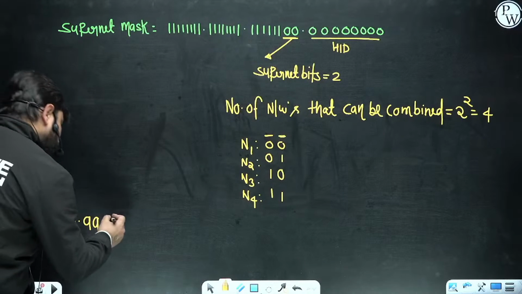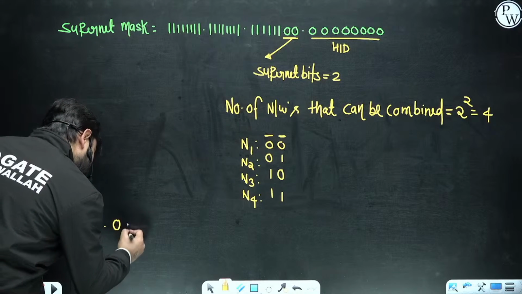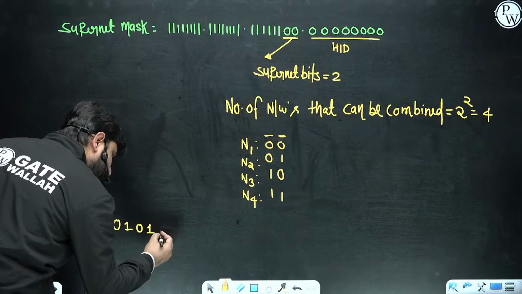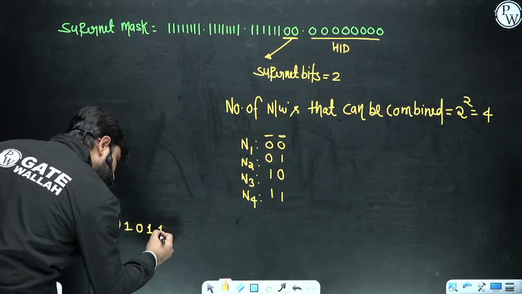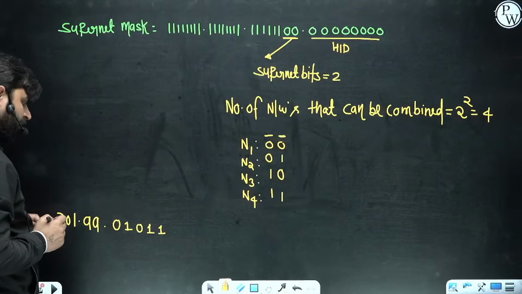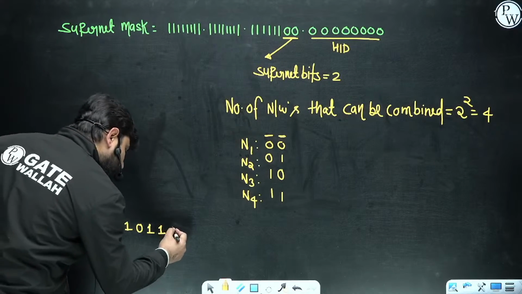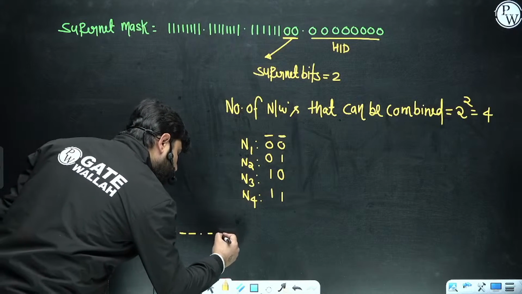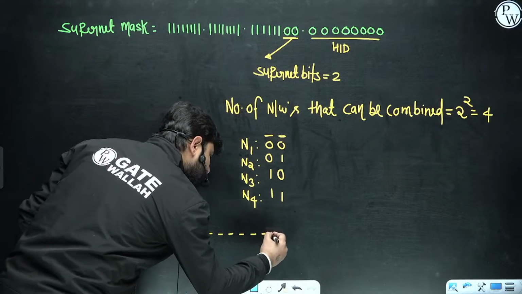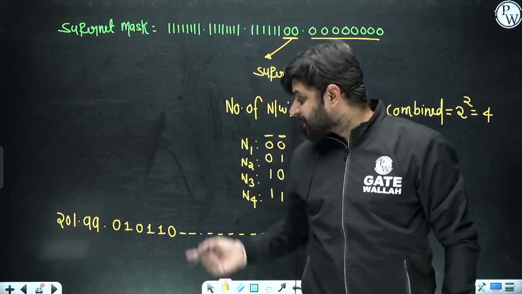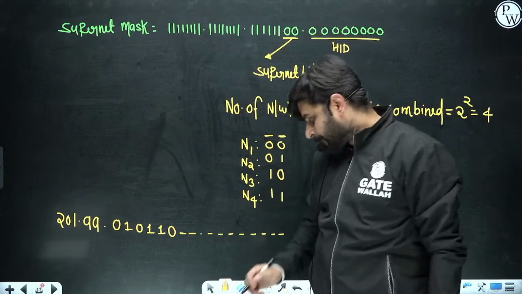Convert into 0 and 1: 128, 64, 32, 0. 64 plus 16, 80, plus 8, 88. 89, 88. Okay. 8, 4, 0. And the last 2 bits, leave them. No need to convert the entire number into 0 and 1 because the last 2 bits are representing the supernet ID.